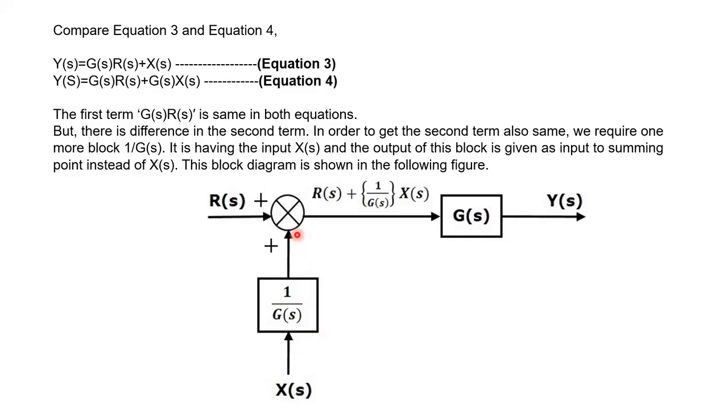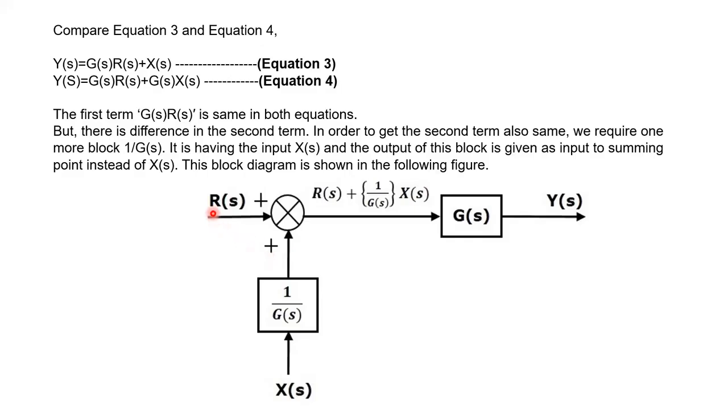Now let us calculate Y(s) again. Y(s) is dependent on G(s), and G(s) is dependent on this error signal. This error signal is dependent on the original input and reference input. Now what will be your reference input here? It will be X(s) divided by G(s).